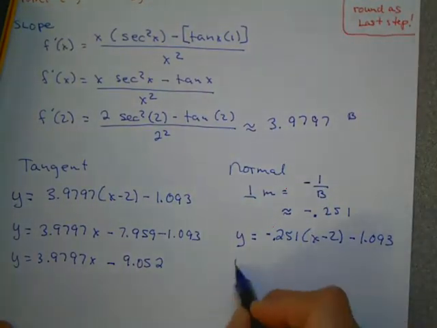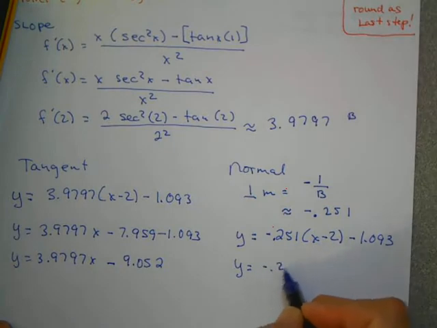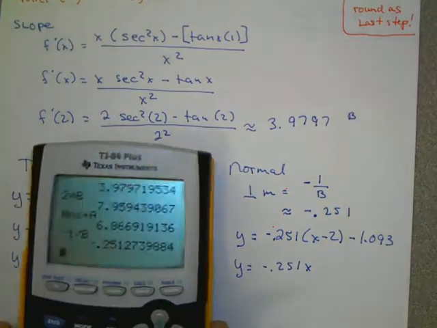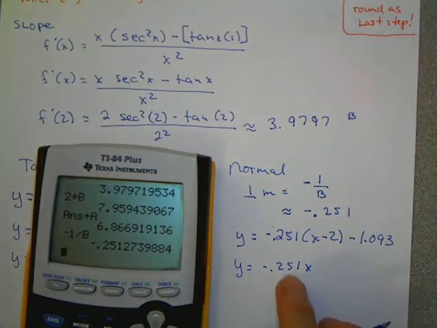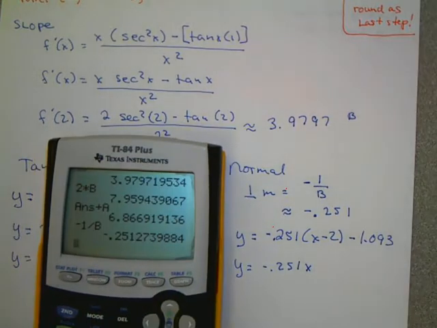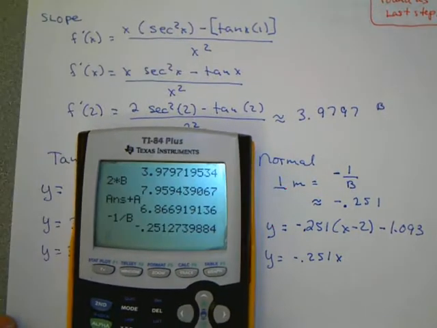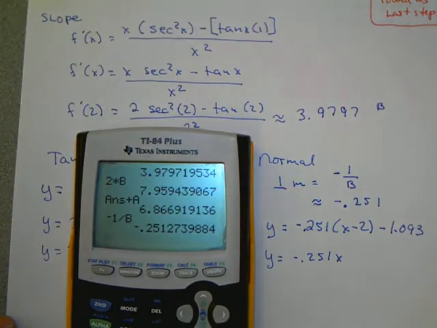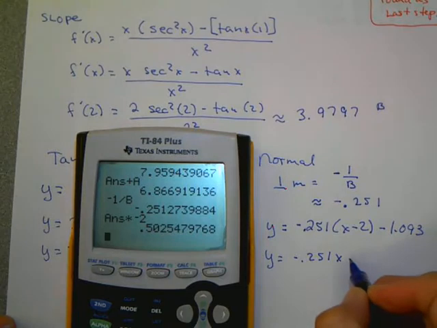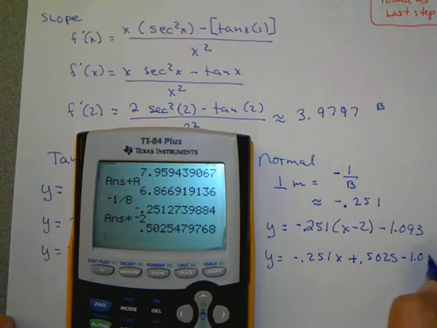And when I distribute this, negative 0.251x, a negative times a negative is a positive, and I've got that right here in my calculator. So I can take this, and I know it's going to be times my negative 2. So I've got plus 0.5025 minus 1.093. Well, that's a.